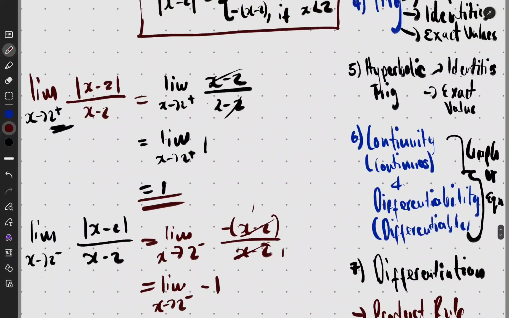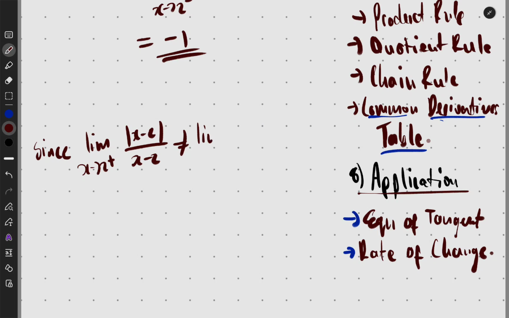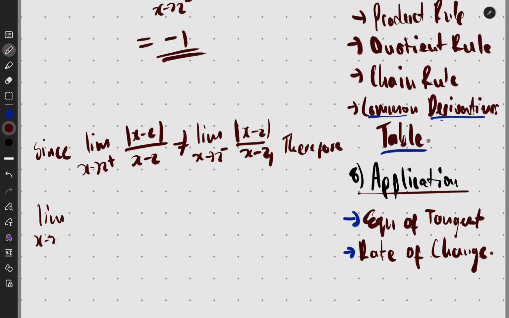Because since the limit as x approaches 2 from the right of the modulus of x minus 2 over x minus 2 is not equal to the limit as x approaches 2 from the left of the modulus of x minus 2 over x minus 2, you can say, therefore, the limit as x approaches 2 of the modulus of x minus 2 over x minus 2 does not exist.